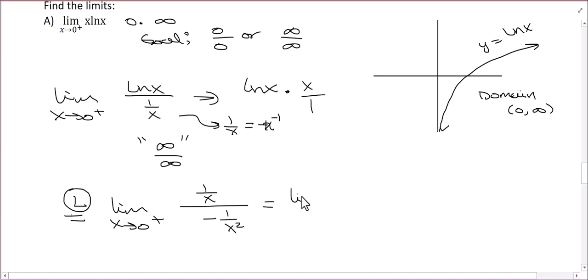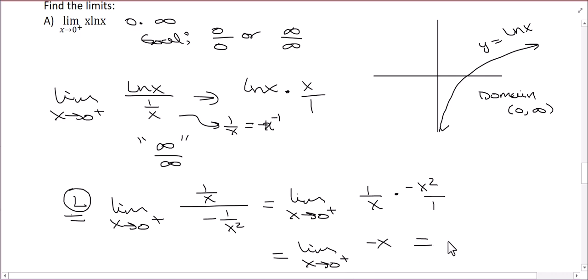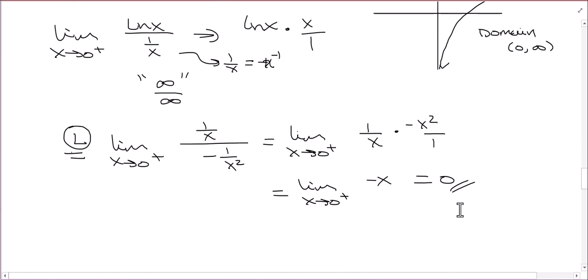And let's apply the same rule here that when you divide by a fraction, it's the same thing as multiplying by the reciprocal of that fraction. So I have 1 over x times negative x squared over 1. So I'm just left with the limit as x goes to 0 from the right of negative x, which goes to 0. So that is my limit.